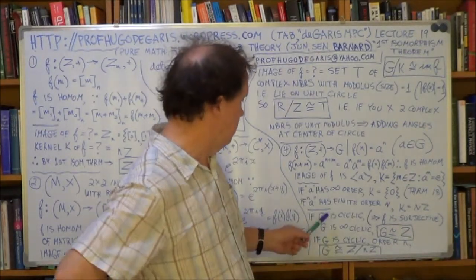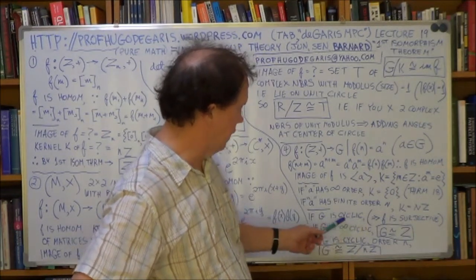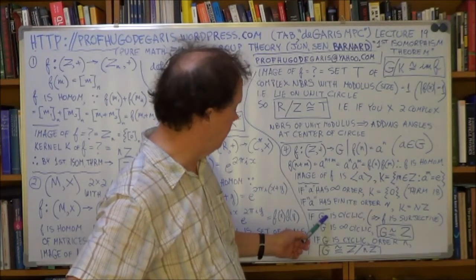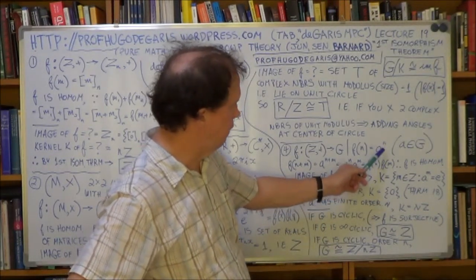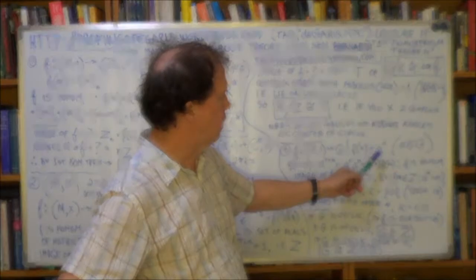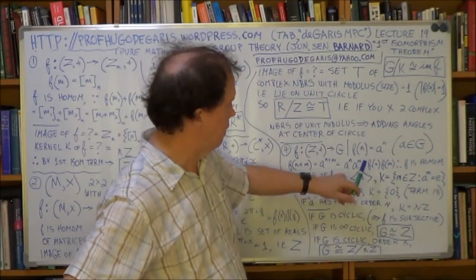All right. So let's say G is cyclic. What does that imply? If G is cyclic, it means that every element of G can be expressed as some power of a generator.